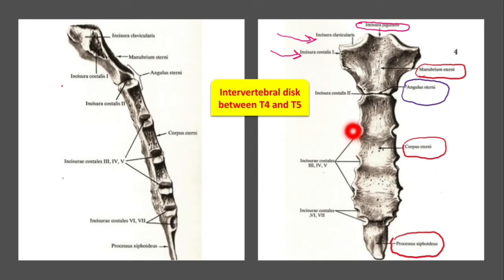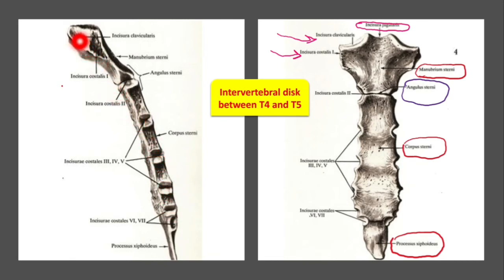So you can see here the incisurae for the third, fourth, and the fifth rib, and downwards the sixth and seventh. So you see only 7 ribs are articulating with the sternum. You will see this concept. It's very interesting. This is the anterior view, and this one is the side view.